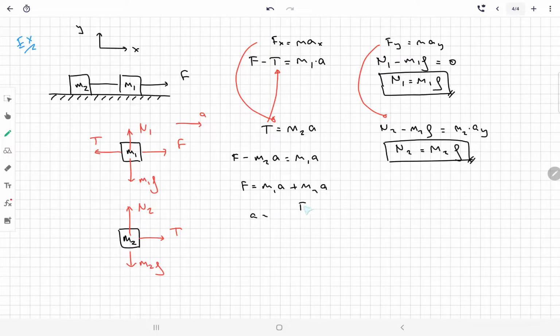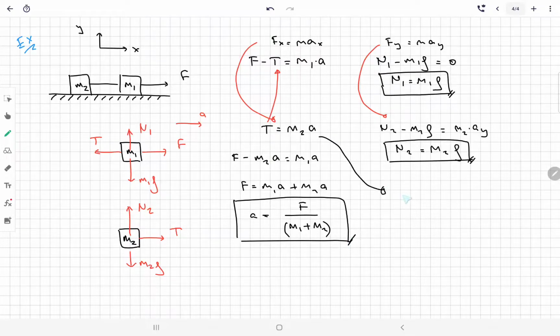From here, acceleration equals force divided by M1 plus M2. This is the acceleration. And in order to find tension, let me use this equation. As you see, tension equals M2 times acceleration, which is force divided by M1 plus M2. So this will be the tension in the rope.